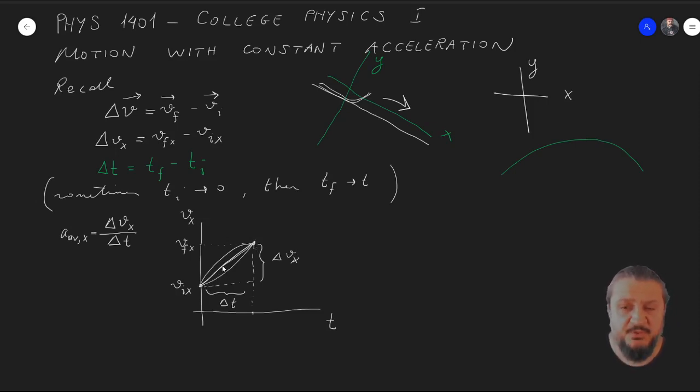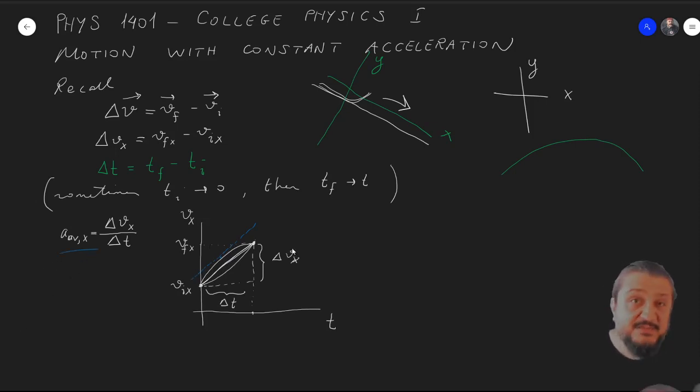Now what about the other two? You can find the slope of the tangent to one of these curves at a given time. Let's say right here, you can draw a tangent line, and you can find the slope of that blue line. And in this case, that may be even equal to the average acceleration.